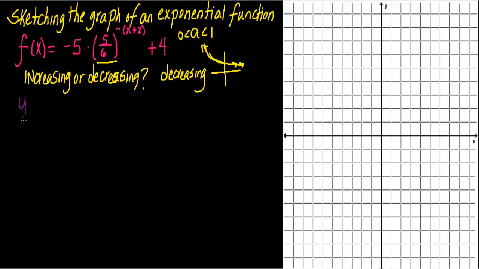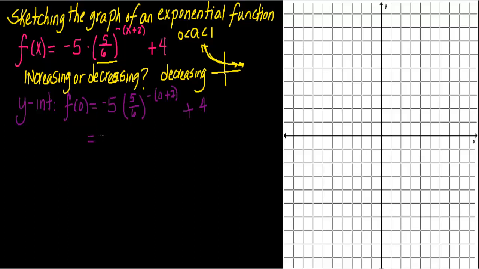The next thing we're going to find is our y-intercept, and for our y-intercept, we evaluate the function at x = 0. So this becomes 5/6, and then negative 0 plus 2, that's my exponent, plus 4.